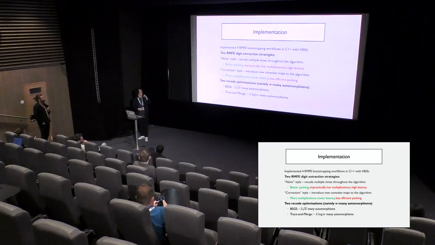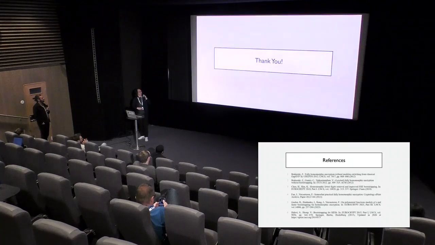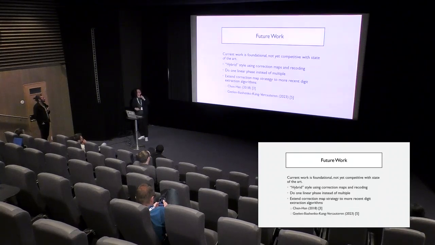Also, this technique is only so far investigated for the Halevi and Shoup design of digit extraction. So we're still not entirely sure whether we can get even better optimizations if we applied it to the current state of the art. Then maybe there's room for improvement there.